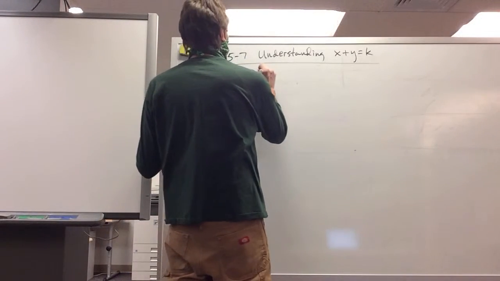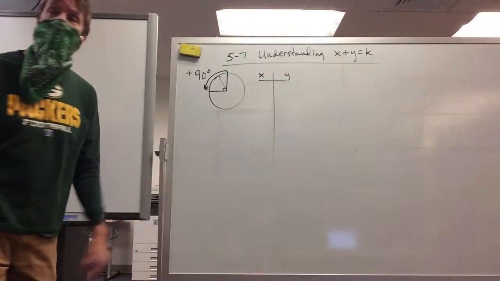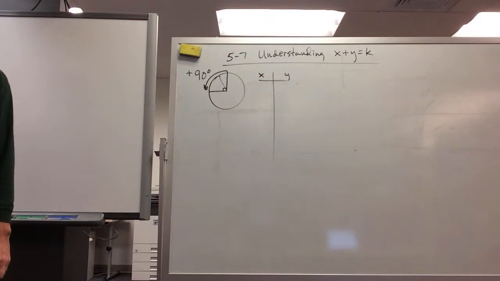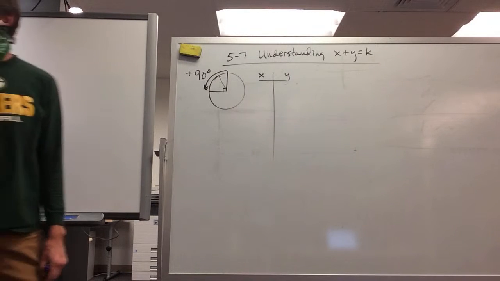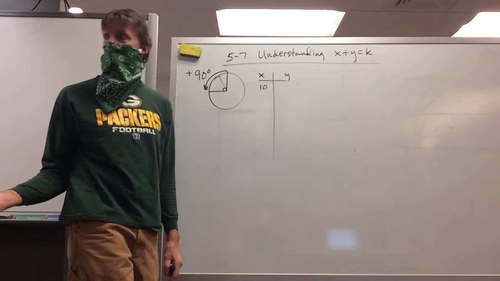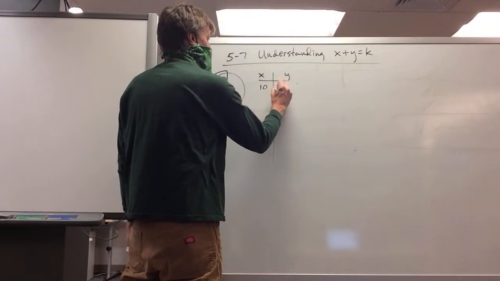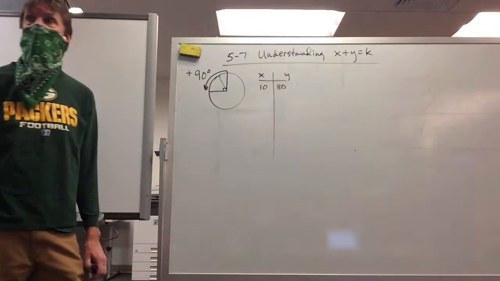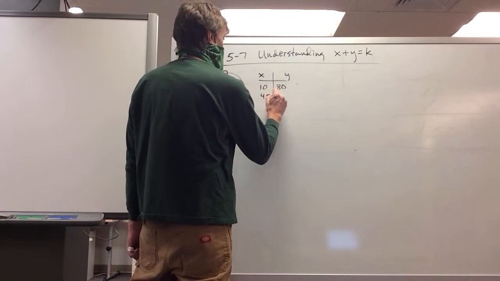So let's put together a table of numbers that add up to 90. 10 and? 80. Another possible pair. 45 and 45.